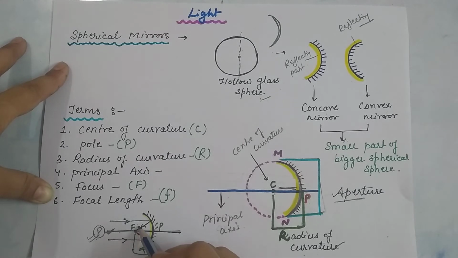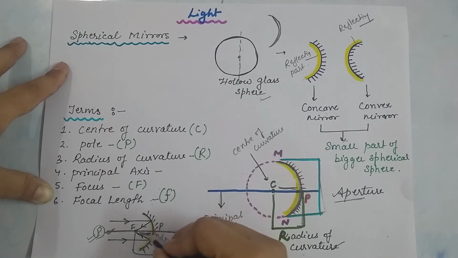And the distance between the focus and the pole, this pole, is considered the focal length.